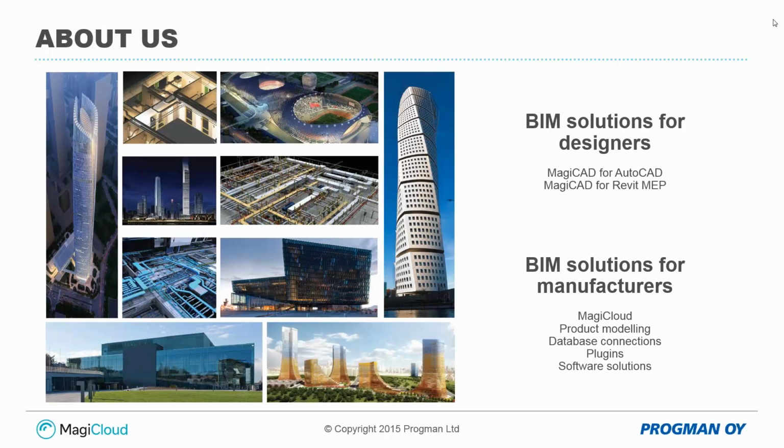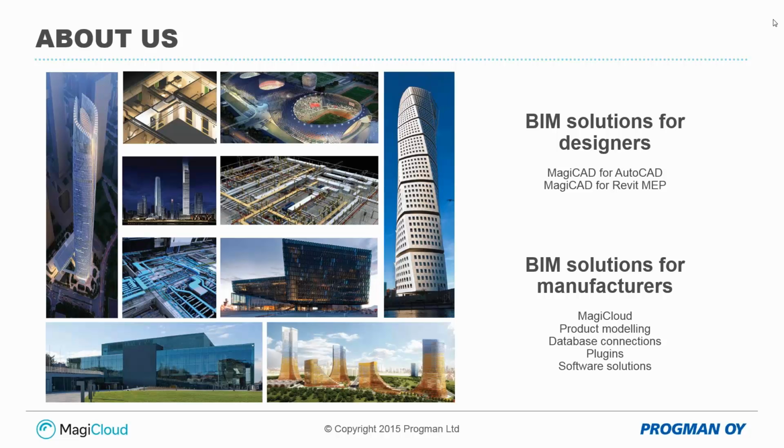So about us. Progman, especially in the Nordics, is mostly known for our BIM solutions for the designers, namely MagiCAD on AutoCAD and on Revit MEP. But we, in fact, and what is the focus today, we have plenty of solutions for manufacturers.